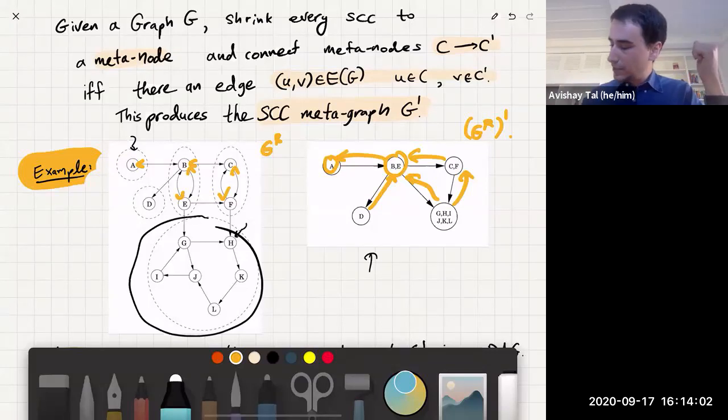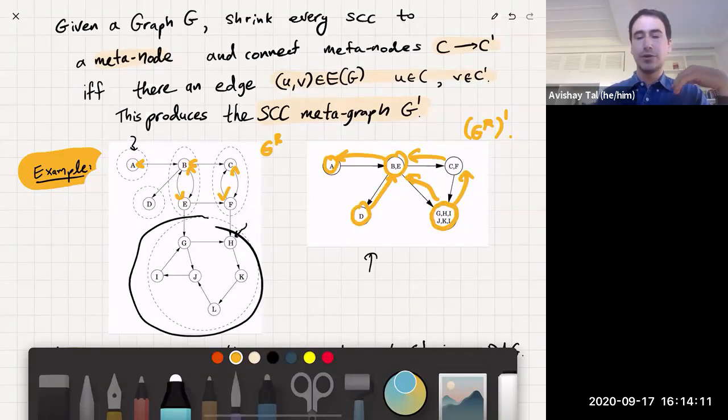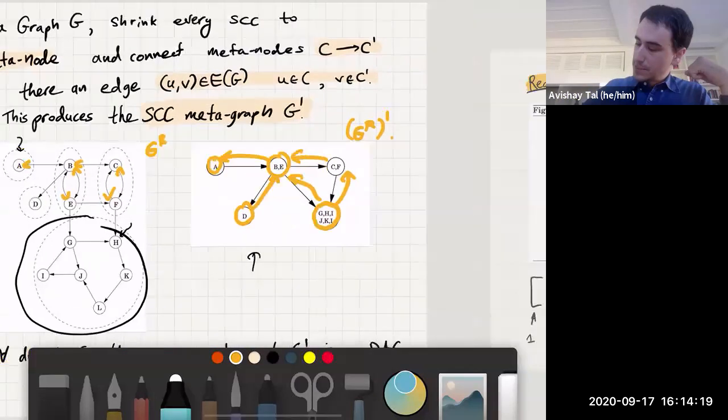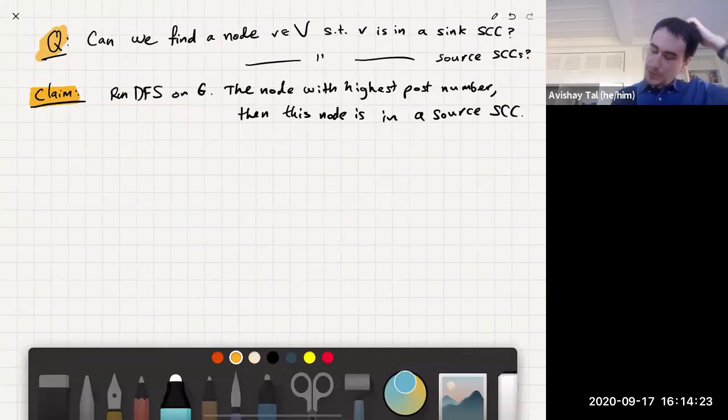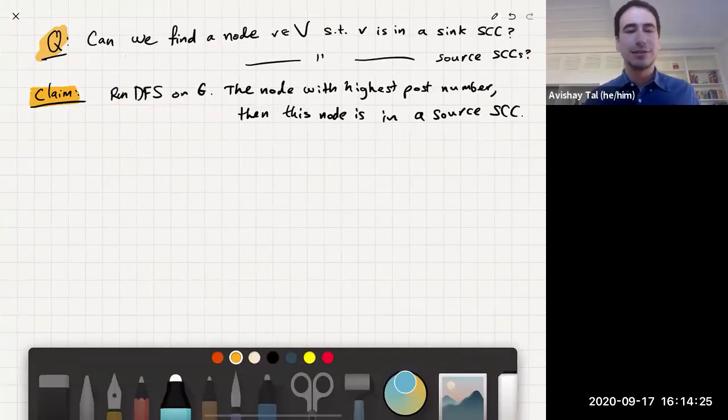So here to find a source is really to find either this guy or this guy, and both of them are sinks in the original G prime, right? Okay, so that will be the plan, and now we need to prove that indeed this works, so that picking the one with the biggest post number gives us a source strongly connected component.